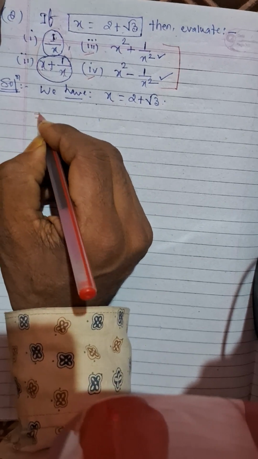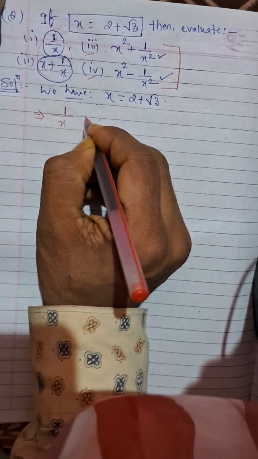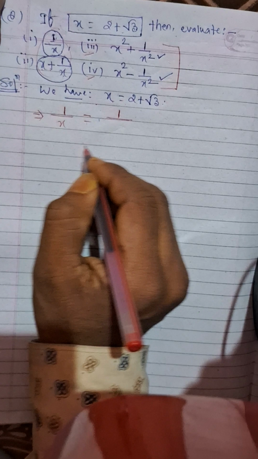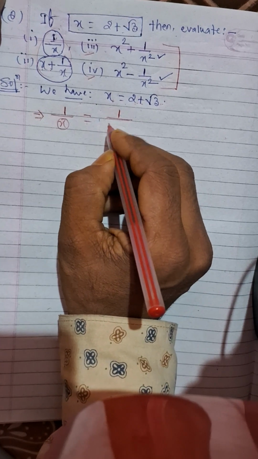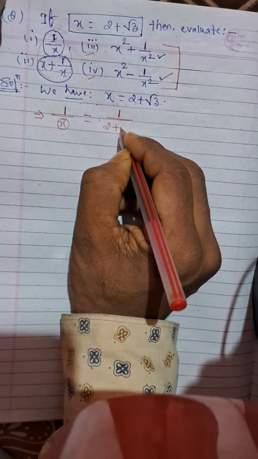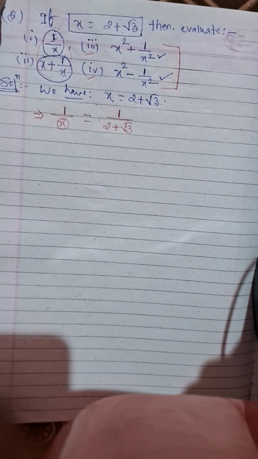So 1 over x is, let us substitute the value of x. The value of x is 2 plus root 3. So you need to substitute the value over here.